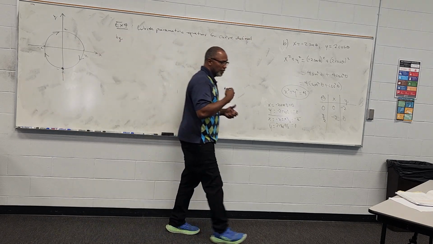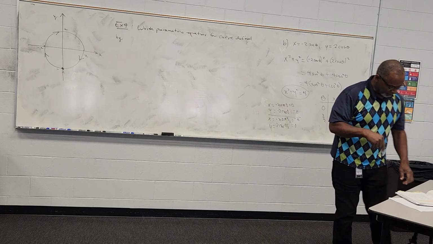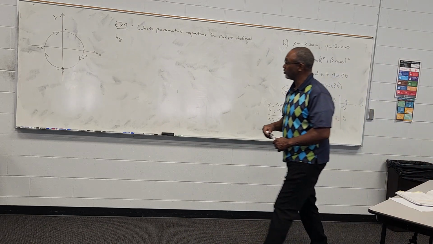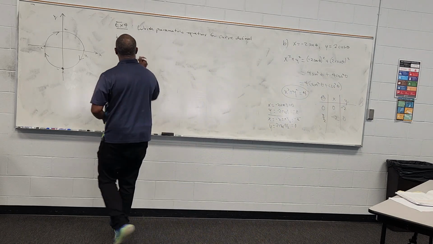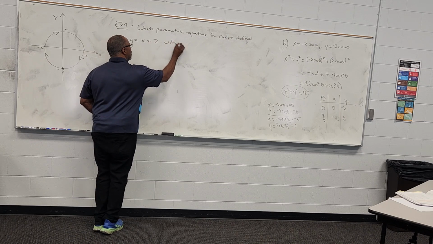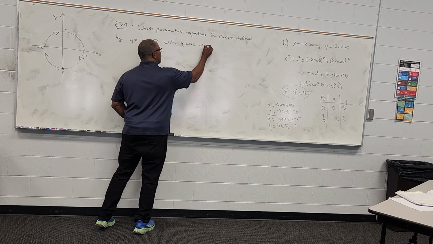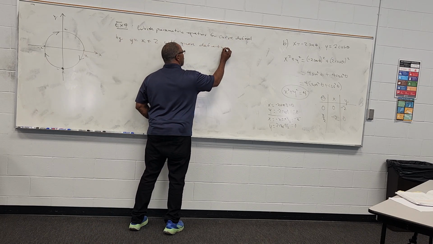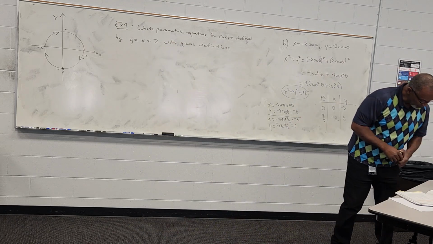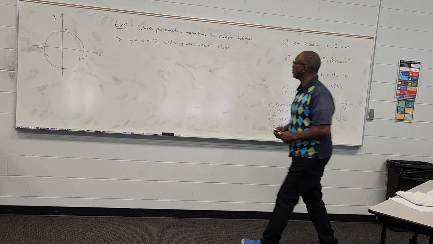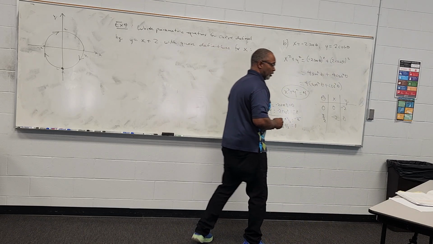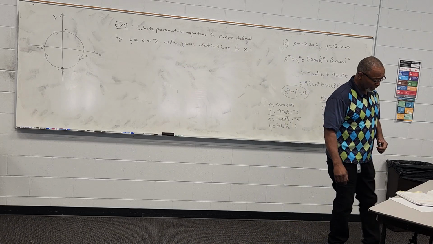Okay? They give me the curve in rectangular form. So they're going to give me 3 different ways to parameterize this curve.